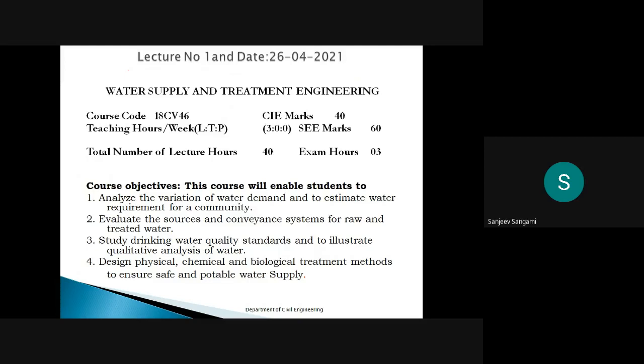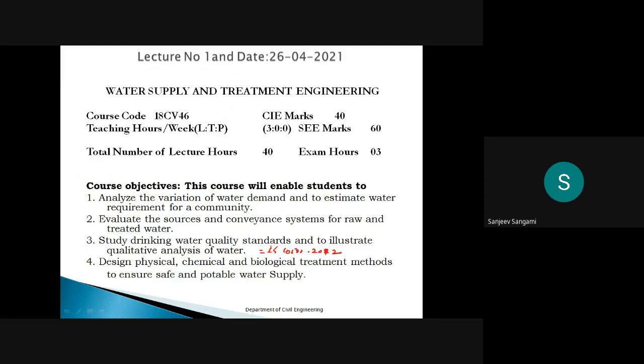Second, evaluate the source and the conveyance systems, that is, the quality of the source, meaning surface water. If you are supplying it to consumers, you should be able to provide it. Third, the drinking water quality standards, which I already explained: the IS 10,500 2012 code.